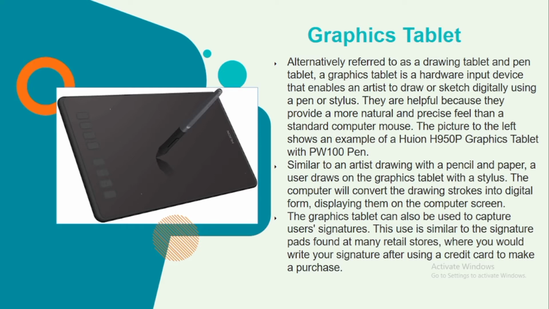The computer will convert the drawing strokes into digital form, displaying them on the computer screen. Graphic tablets can also be used to capture users' signatures. This use is similar to the signature pads found at many retail stores, where you write your signature after using a credit card to make a purchase.